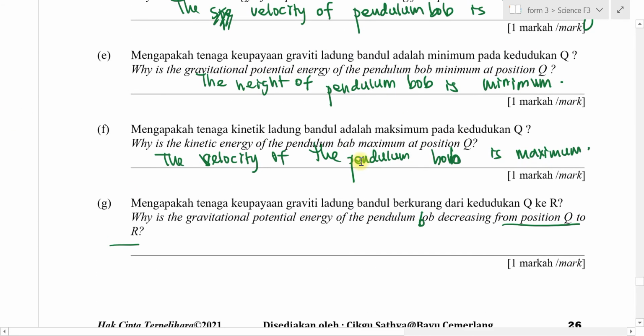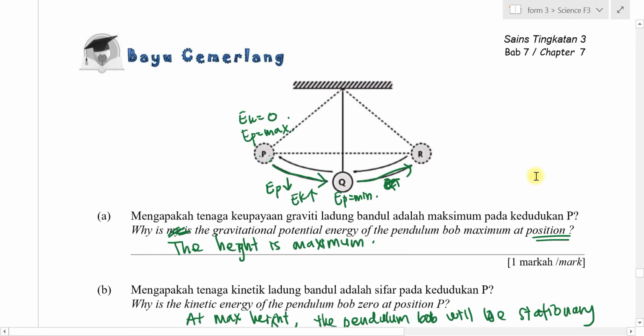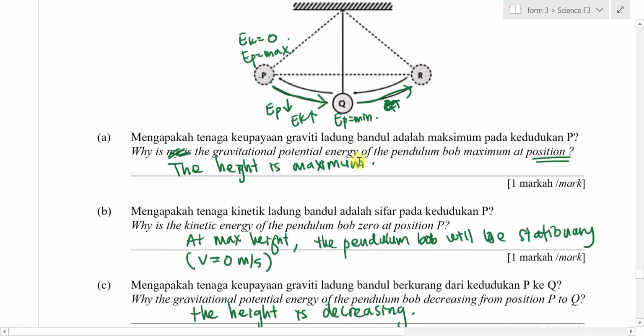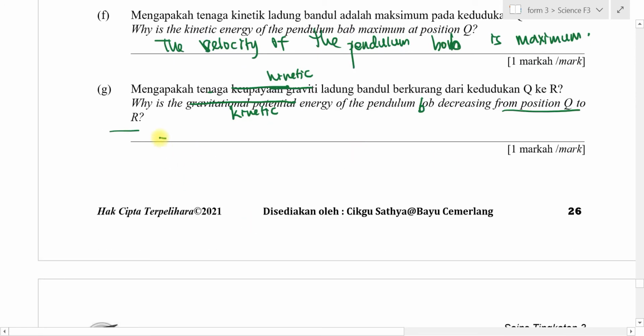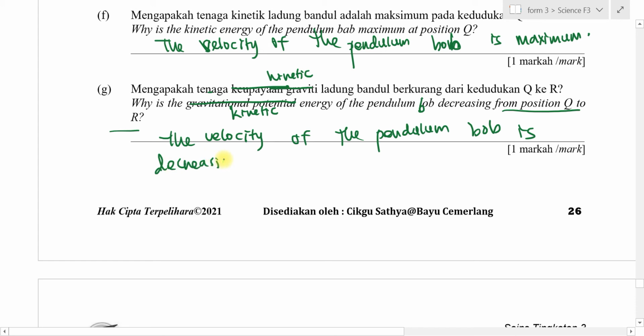Okay, it's supposed to be why is the kinetic energy of the pendulum bob decreasing from Q to R. Yes, of course, Q to R, the kinetic energy will be decreasing because the velocity of the pendulum bob is decreasing. So the kinetic energy also decreasing.